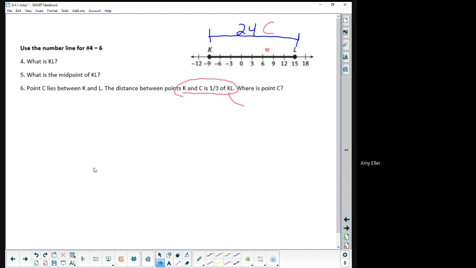How far is it from K to L? 24. Can I divide 24 into 3 equal chunks? Yes. How big would each chunk be? Okay, so think about this as 8, 8, 8.